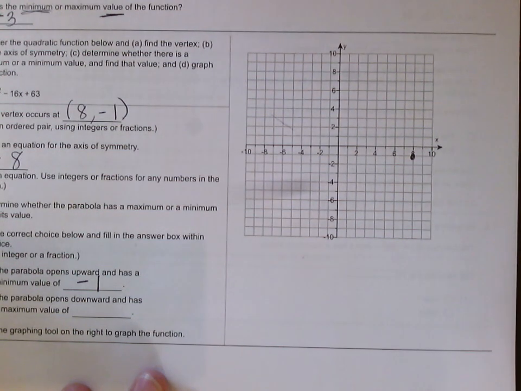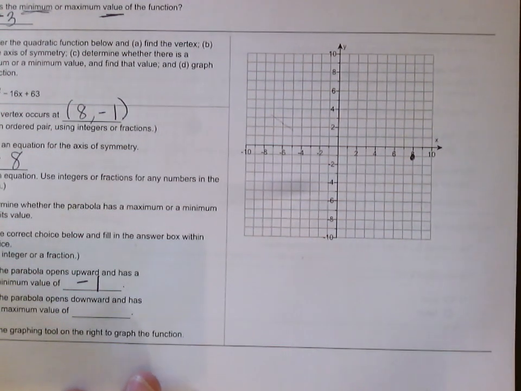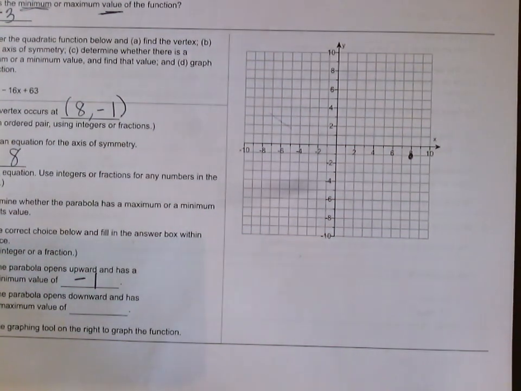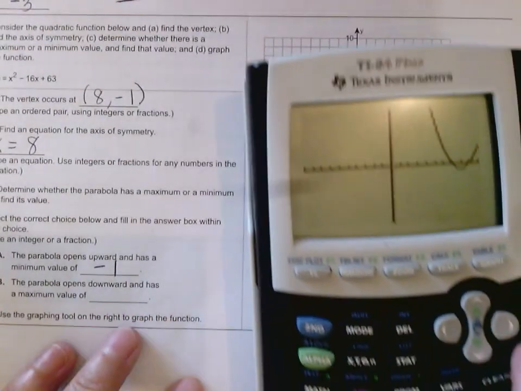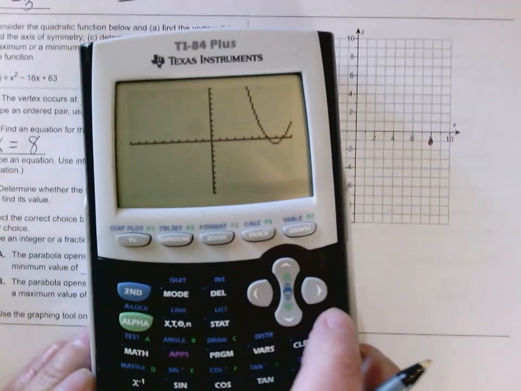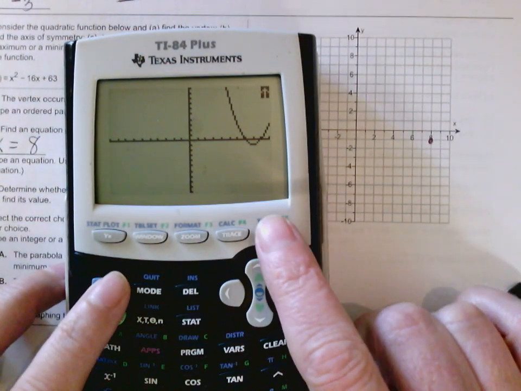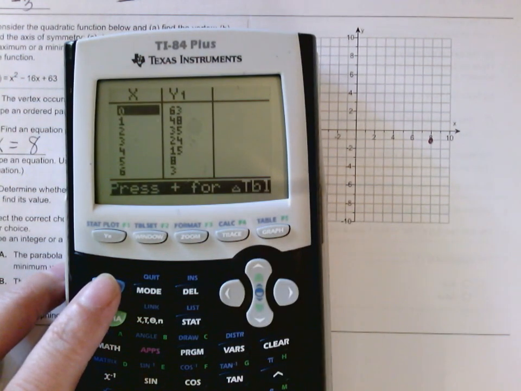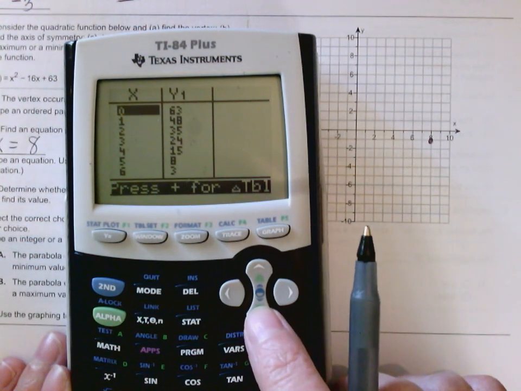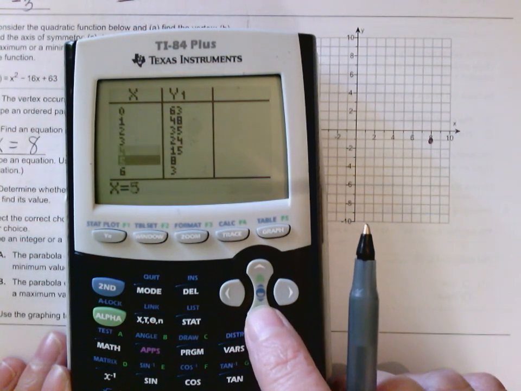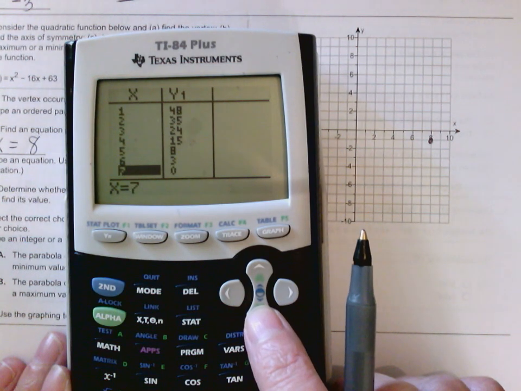So there's the vertex. After that, it'll let you plot any point you want on the graph after you plot the vertex. So you've already got this function in your graph. If you hit second table, there are all kinds of points that you can choose. Let's go down here to another point that has good numbers.